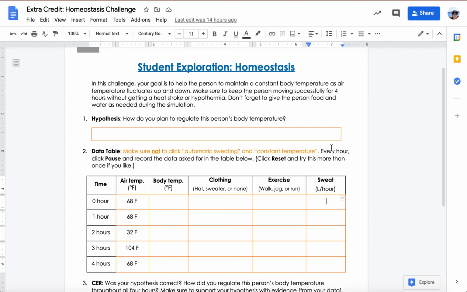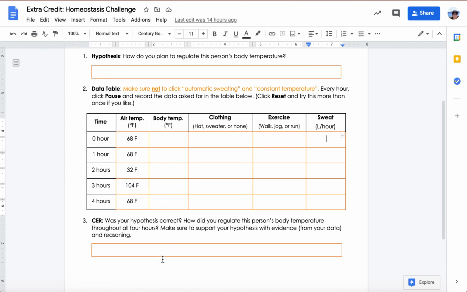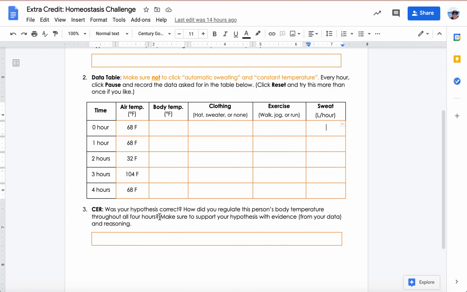So you might have to do a few trials in order to get the data for all 4 hours. Because sometimes you might try it, but then you realize after 1 hour, she has a heat stroke or she has hypothermia. So you might need to do a few trials to make sure that she is able to run for all 4 hours.